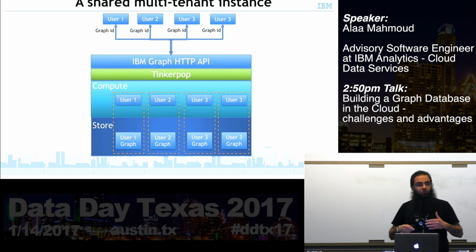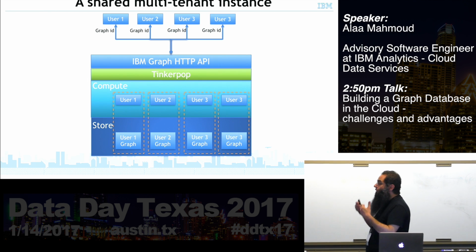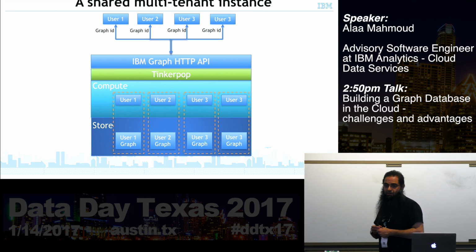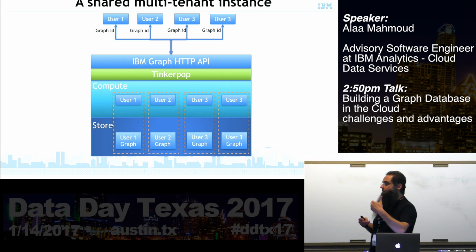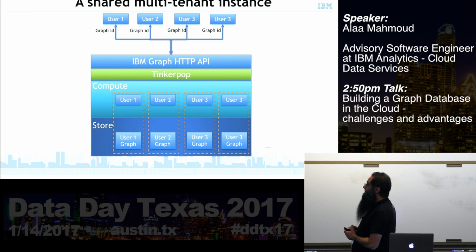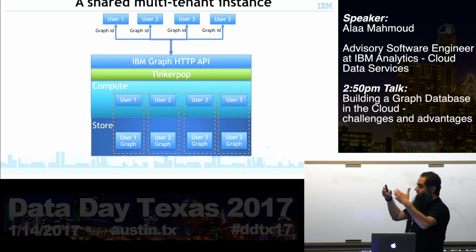The user gets authenticated first, and the graph ID gets authorized, so the user has access to that graph ID. All the data that the user has inside of our store is stamped with that graph ID. So no user can have access to any graph other than the graphs that they're authorized for, that they have created themselves. All of the users come into our HTTP layer.